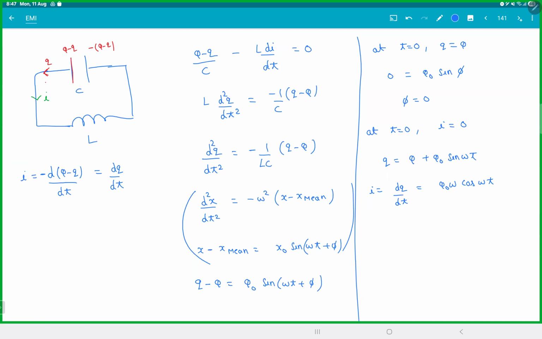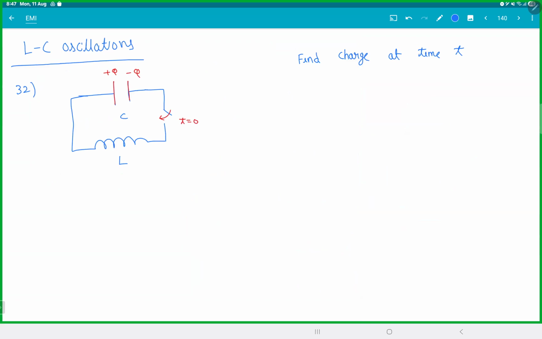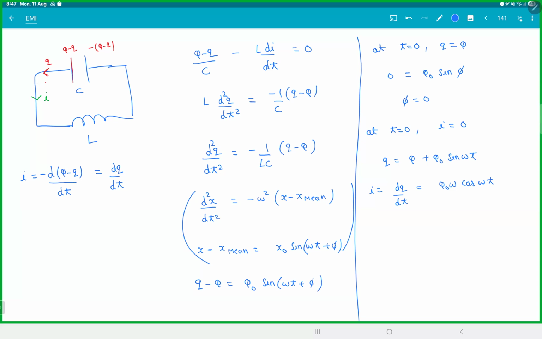At t equal to 0, q is 0? At t equal to 0, the capacitor is full, right? At t equal to 0, Q is Q. But Q minus q is the charge on the capacitor at time t, right? Okay. I'm getting q naught 0, that is the problem.